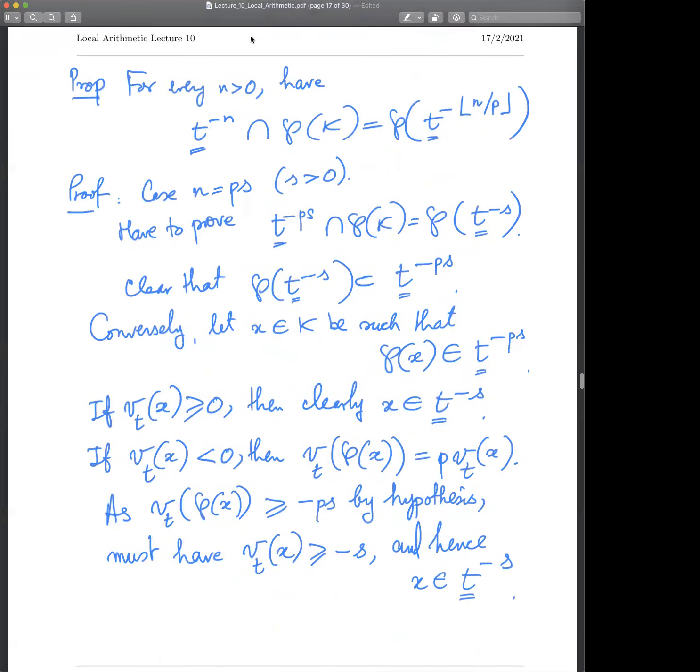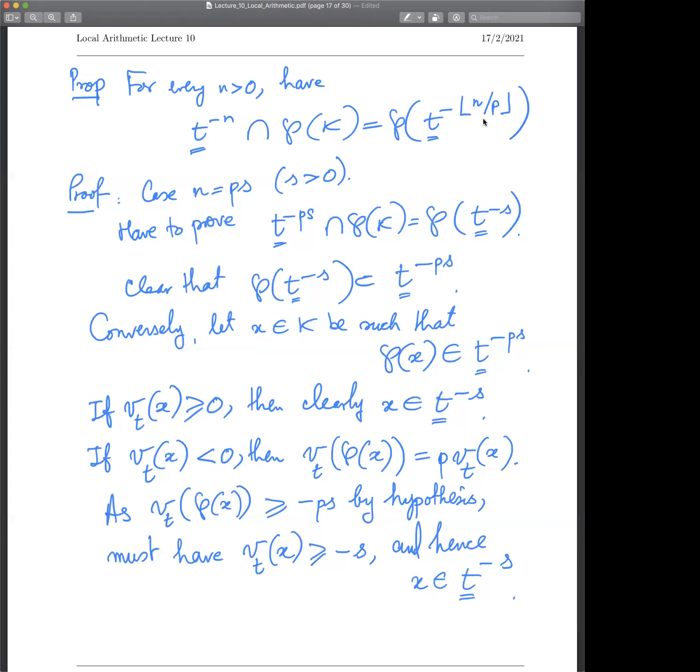This proposition says that for every index n, T to the minus n intersected with P of k is P of T to the minus floor of n by p. So n by p is a rational number, and the floor of a real number is the largest integer which is less than or equal to that real number.